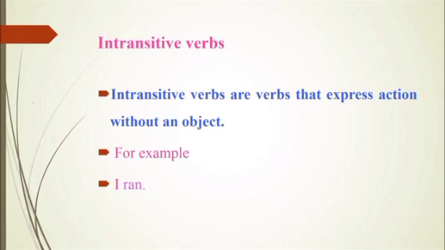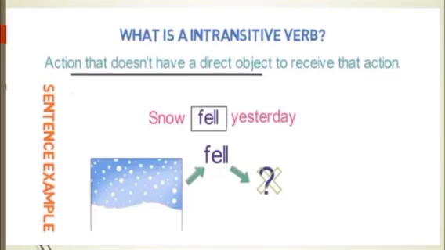So, intransitive verbs are verbs that express action without an object. For example, "I ran." So, in simple words, what is an intransitive verb? An action that doesn't have a direct object to receive that action. Let's look into a sentence example.